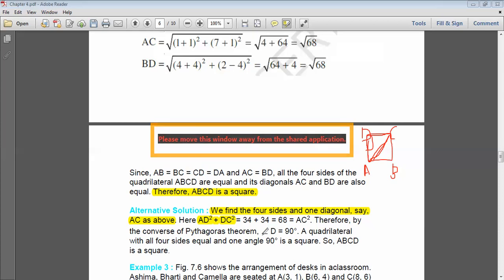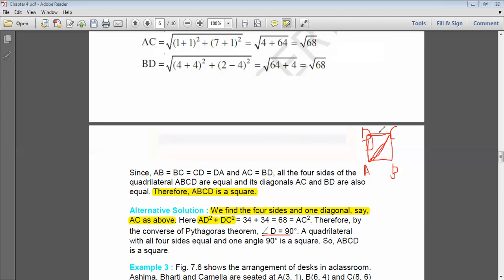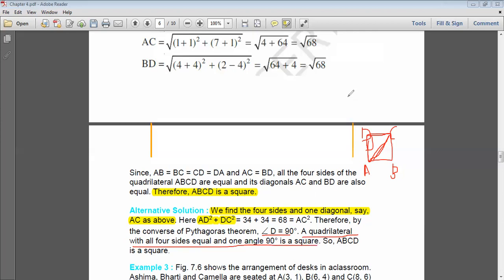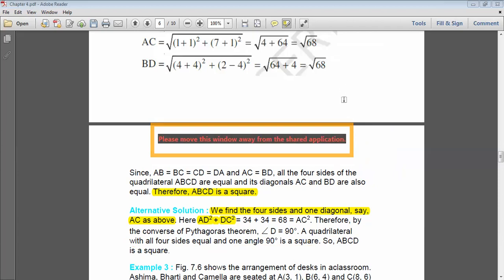So again, you can say that angle D is equal to 90 degrees, since it forms a right-angled triangle by Pythagoras. And a quadrilateral with all 4 sides equal and one angle 90 degrees is a square. Clear? There is only one quadrilateral satisfying this condition.